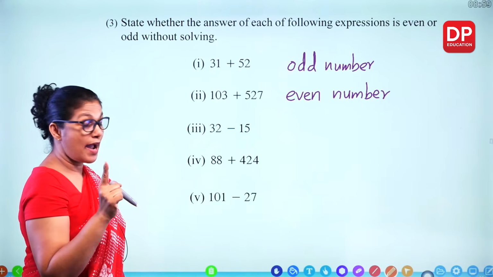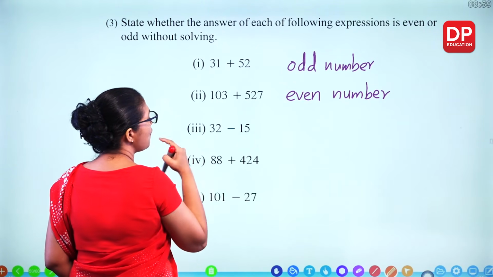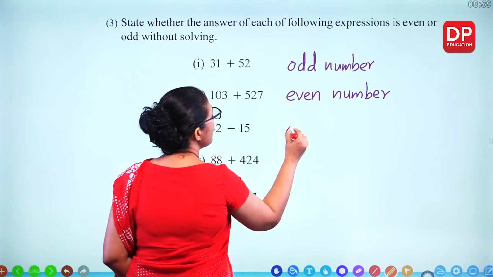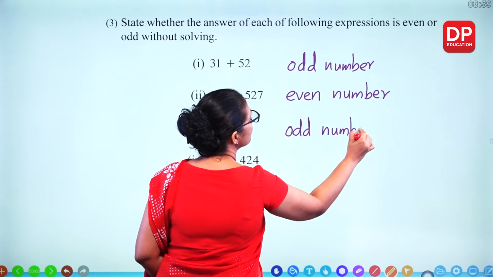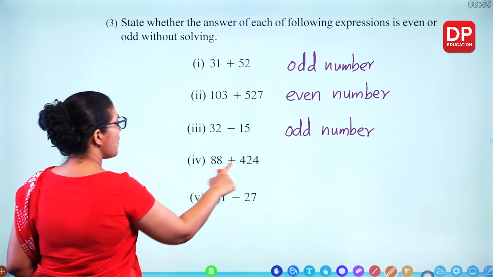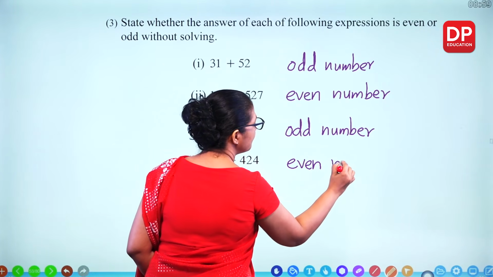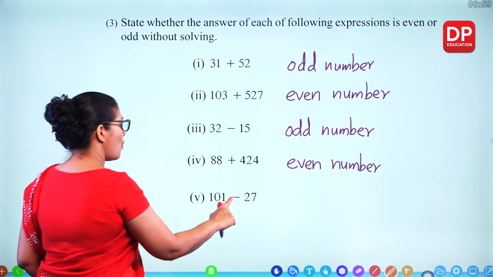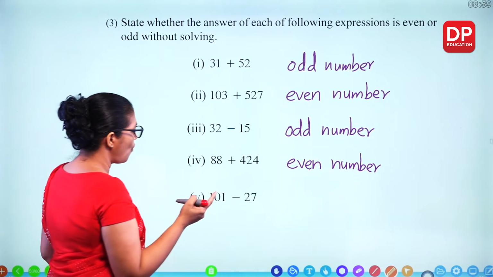Now when you subtract, 12 minus 5, that's 7. 7 is an odd number. 8 plus 4, 12. That's an even number. 11 minus 7, 4.